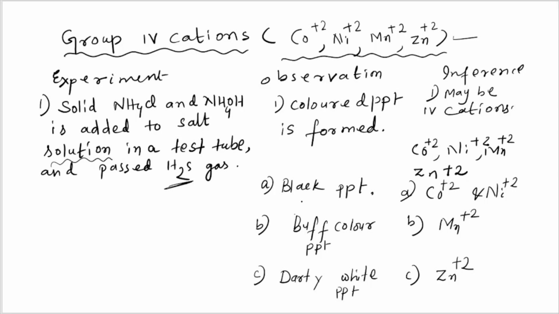Now, a black precipitate means Co+2 or Ni+2. If black, then you are sure that it may be Co+2 or maybe Ni+2. If it is a buff color precipitate, that means a very light white or grey color, a very light color, this is called Mn+2. Mn+2 is buff color, and if it is dirty white color, see these two are different.